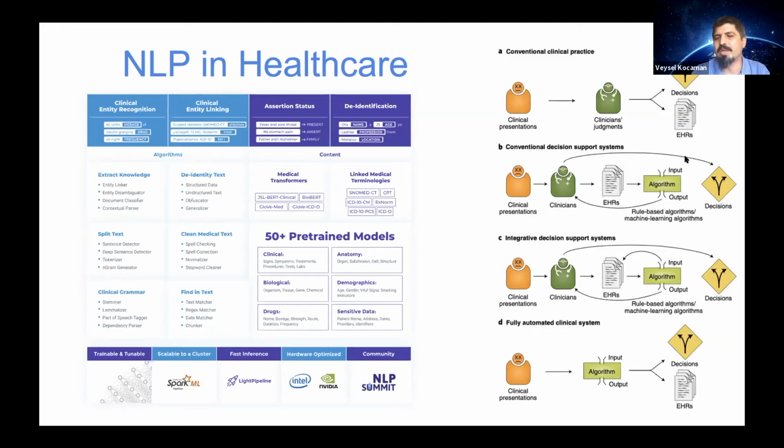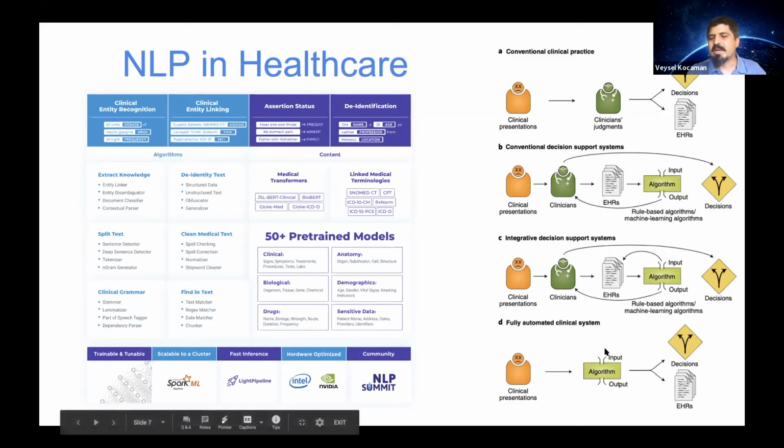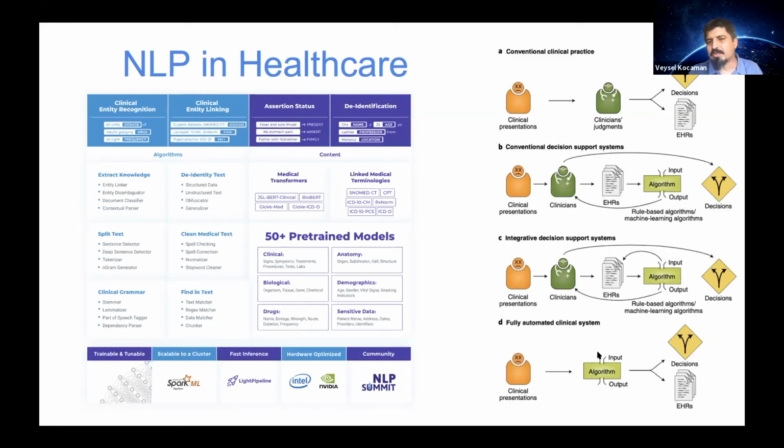So the goal is to be able to automate this process using some smart algorithms that could automate some process as a physician does. Instead of annotating one single document per hour, it can annotate 1,000 documents per second. So that's the goal. That's why every annotation and every NER model is case specific.